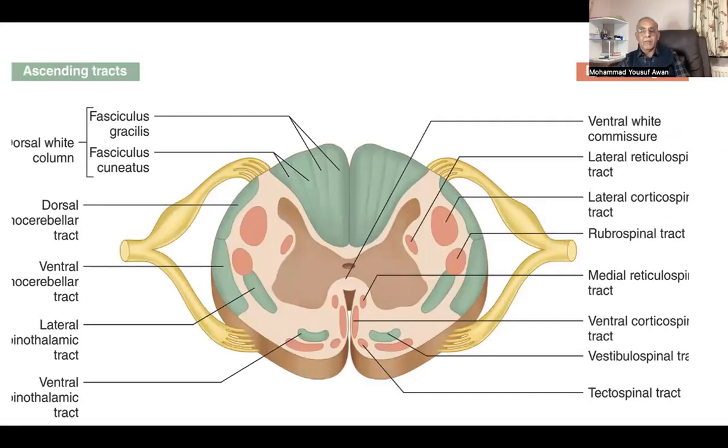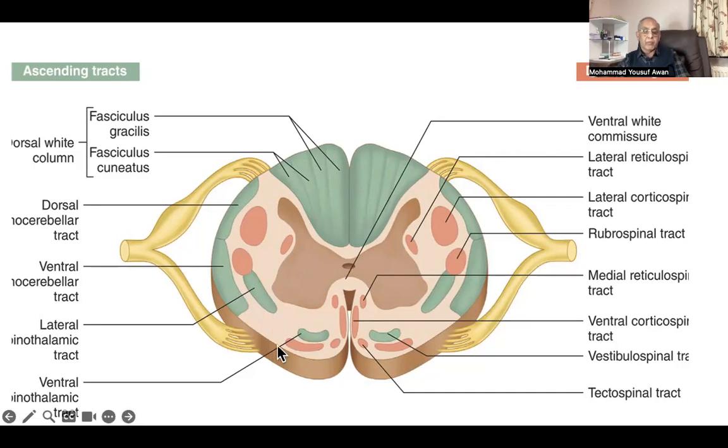And if the lateral spinothalamic tract is involved, this tract carries sensations of touch, pain, and temperature. If the anterior part of the spinal cord is involved, these are the tracts which will be involved.